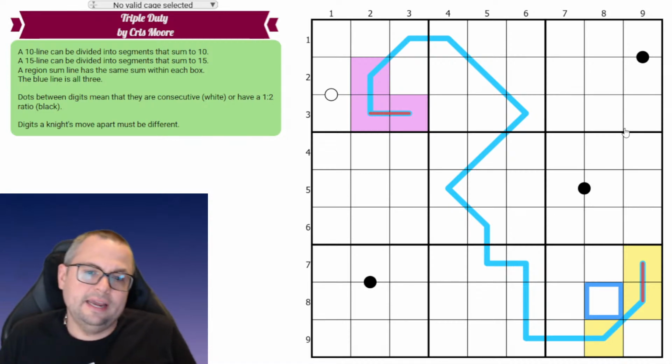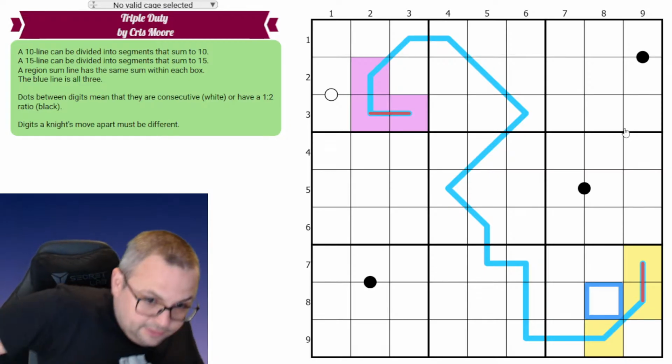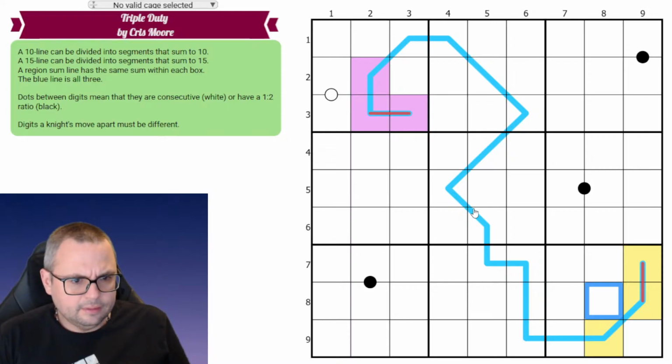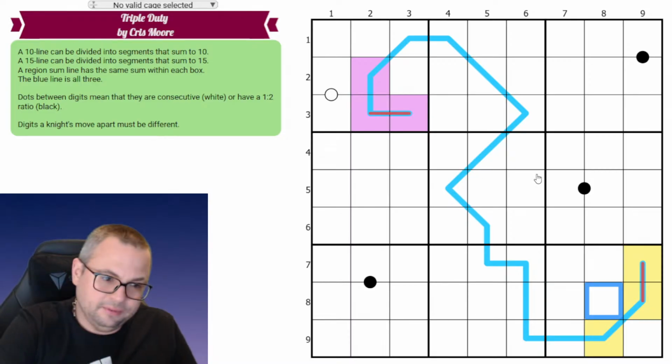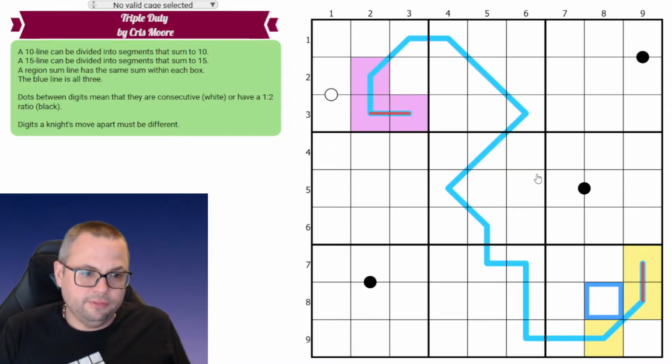Maybe I could do it better with anti-knight if I wanted, but that seems horrific. Yeah, that is exactly what I was thinking, David, that the sum of the line is a multiple of 30.